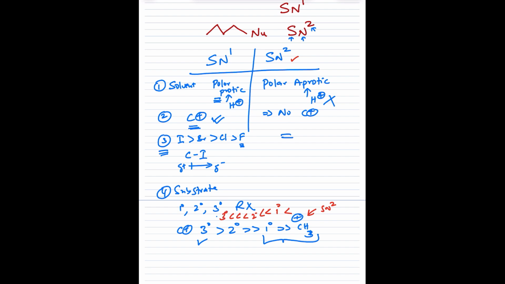The reason for that is that in a tertiary substrate, if you have something like this, chlorine, so that's first alkyl group, second, and third. So that's a tertiary alkyl chloride. You'll see that this carbon that has chlorine is really crowded. And in SN2 reaction, you want the nucleophile to approach that carbon so that you can kick out the chlorine. But because you have three alkyl groups around the carbon with the chlorine, it makes it crowded and harder for the nucleophile to approach.